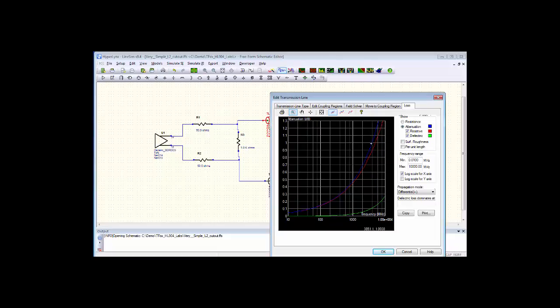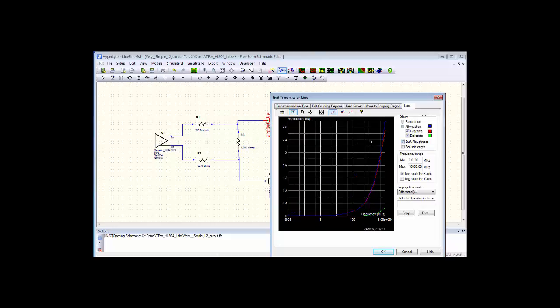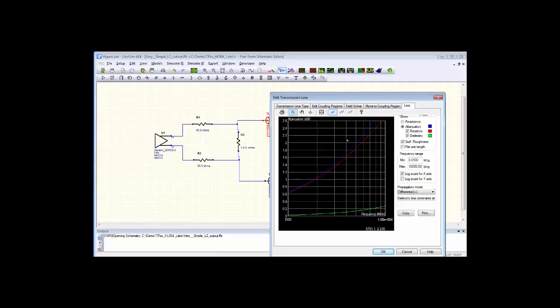Right here at 4 gigs, we've got 1.038, and if I turn on surface roughness and zoom back in on this, now at 4 gigs, instead of being about 1 dB, it's coming out to be 1.7, or in other words, 70% greater loss.